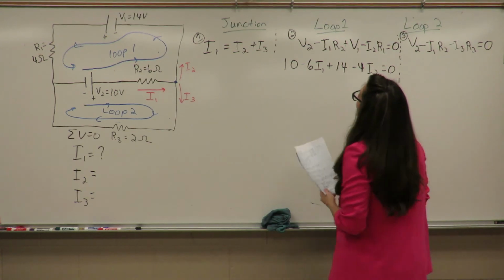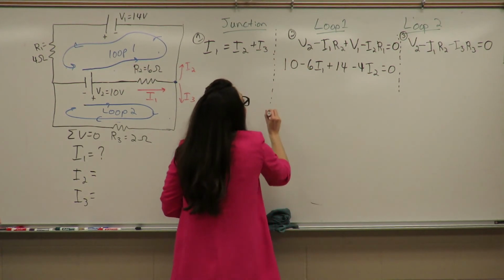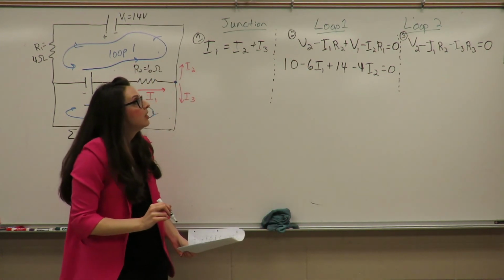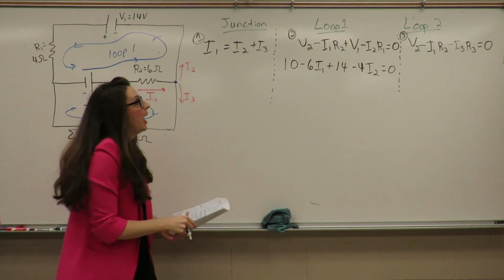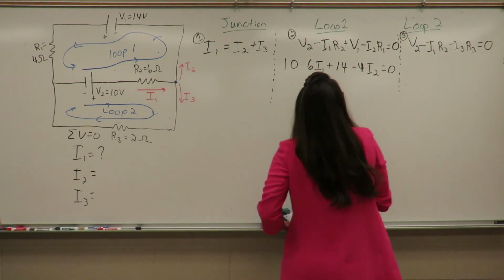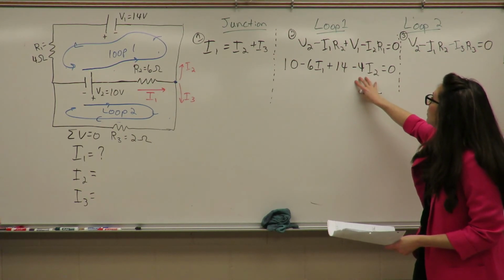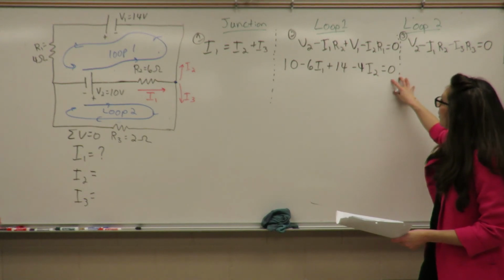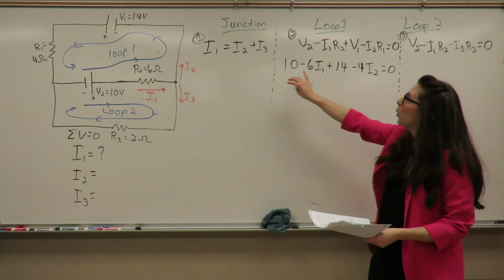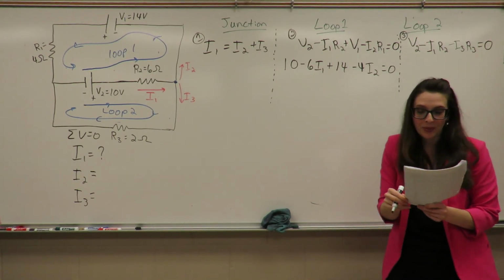And what I'm going to do right now is go ahead and solve this equation for I2. So if I solve this equation for I2, I'm going to add this term, minus 4I2, to the other side, and then I'm going to divide the whole thing by 4, okay?